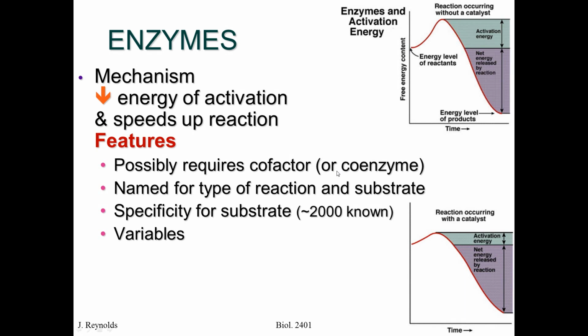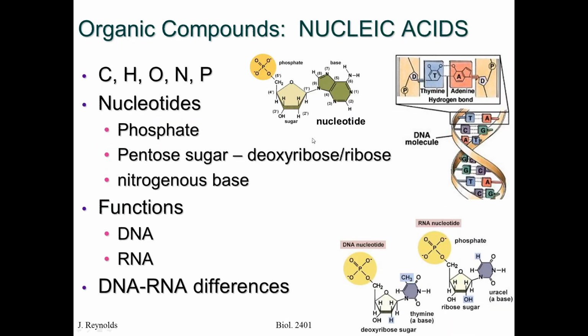It could be like a vitamin, or it could be a metal, or an element like magnesium. And variables, you could inhibit the enzyme, as I mentioned. Heat will denature the enzyme, so that's what I mean by variables. pH can change it too.